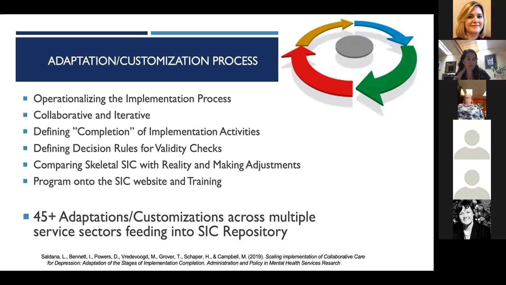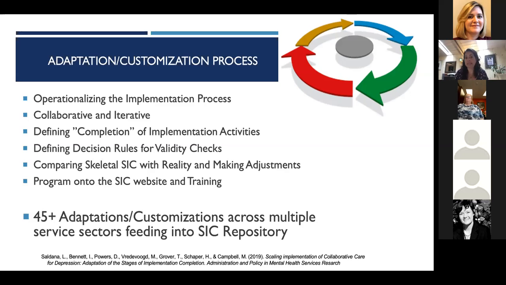We have developed over the years an adaptation and/or customization process. There are 2 things about this. When I refer to adaptation, I'm referring to where we work with a group, an evidence-based practice developer, provider, or purveyor, who is wanting to implement more broadly. We build from the ground up, we operationalize what their implementation process looks like, still within the 8 stages though. Or we might customize. If we are customizing, that means that we are using universal items.